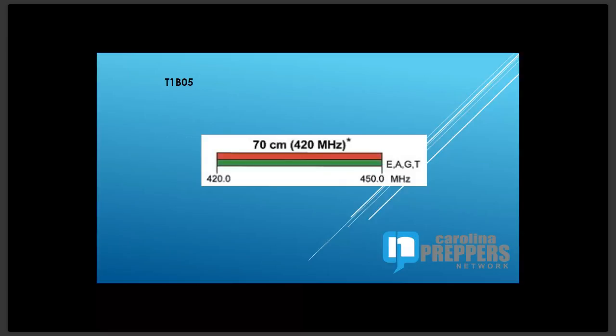We get the idea they're saying microphone, but they're not telling you that in the test. So the term that they use is phone, and that can confuse a lot of people. When you see that, phone is referring to microphone, voice. Data will be data, and CW will be Morse code.